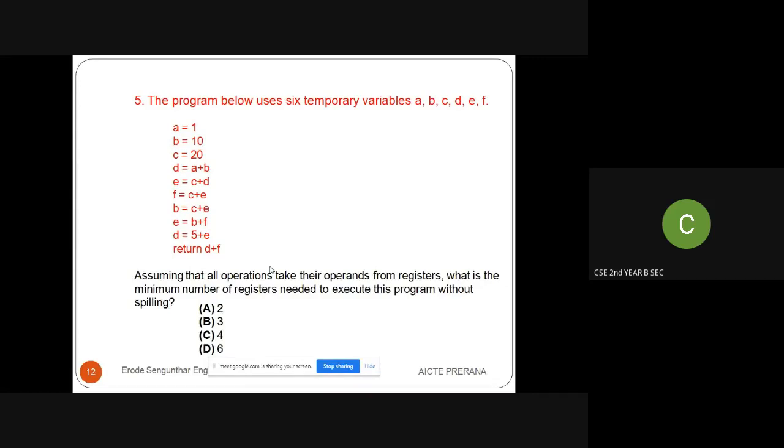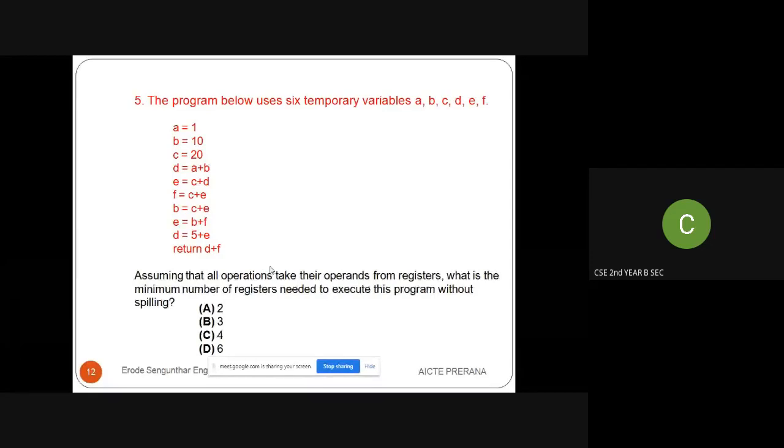What is the most familiar or famous register for storing temporary variable or immediate result of a particular operation? Sir, MBR. It is one of the registers, right? Okay, very good. So another kind of register is also there. So I will give you options.